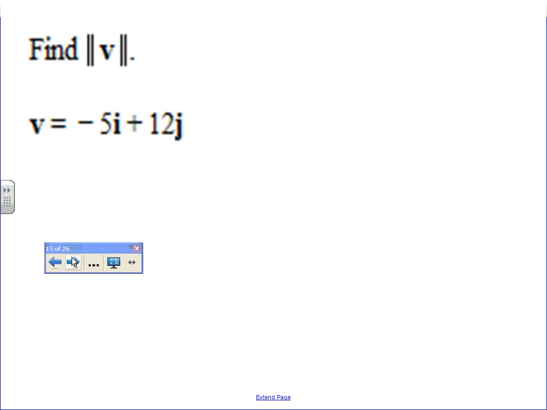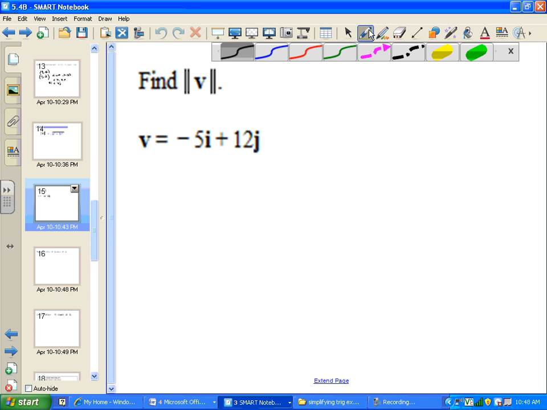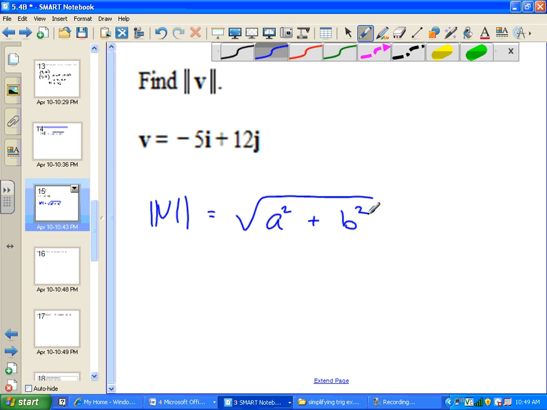So let's look at the formula. Right. So the magnitude of V is equal to the square root of A squared plus B squared.